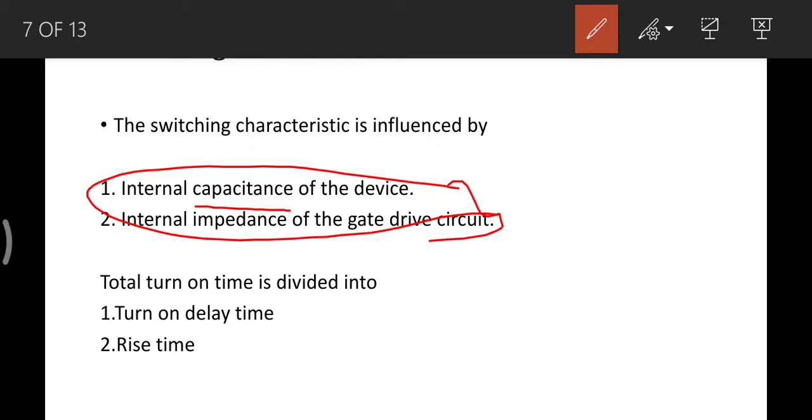Turn on time means the gate voltage is applied to the MOSFET and the full rated current starts to be sent by the MOSFET. This time interval is called the turn on time. This turn on time involves two stages: one is turn on delay time and the second one is rise time.